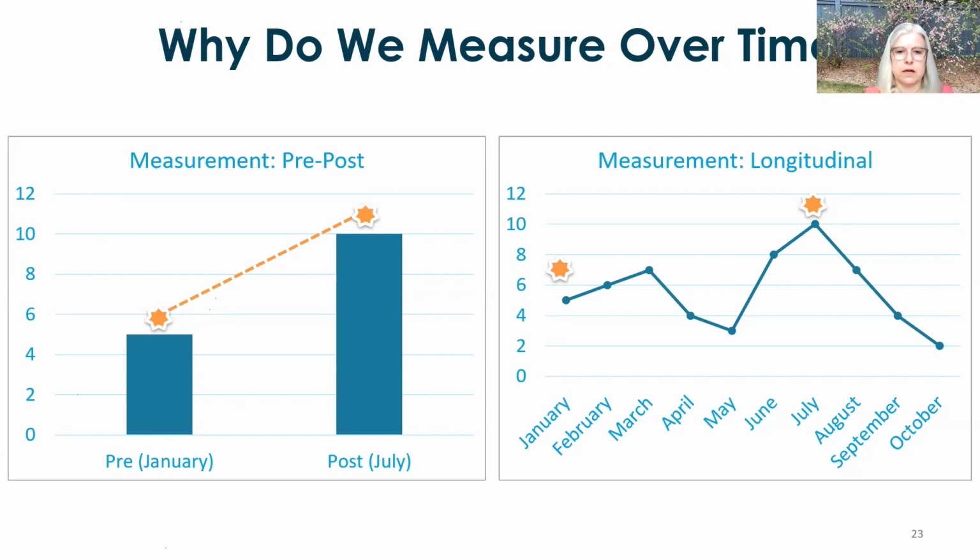It wasn't an improvement at all, but then they made another change around May, and that resulted in a better improvement. So it's important to know what happened in March, what happened in May, when you look at the data overall. And if you just had the graph on the left, you wouldn't know that there had been a problem in March.